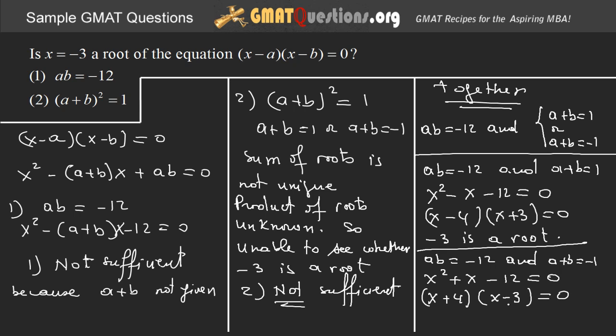As you can see, 4 times negative 3 is negative 12, and 4 plus negative 3 is 1. So in this case, the roots are negative 4 and 3. So clearly negative 3 is not a root. So together we cannot say either.